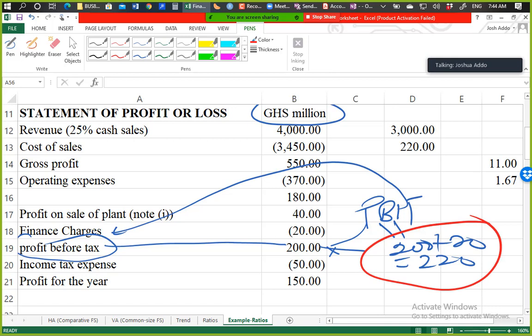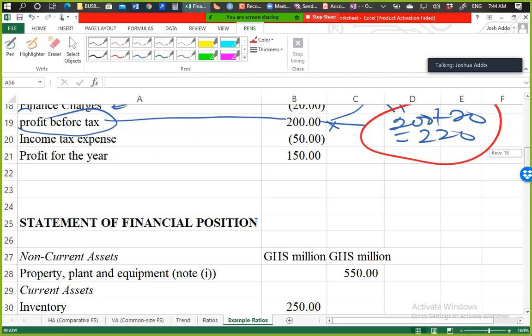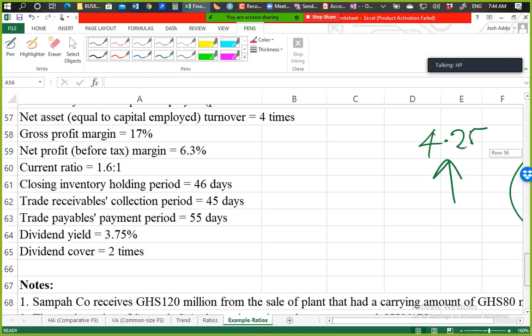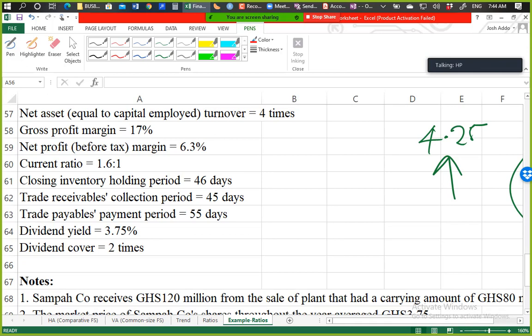So in this question, we are comparing the operating profit margin of 5.5% to previous year's performance. So let's go back to those statistics. The question did not ask us specifically to calculate operating profit margin.